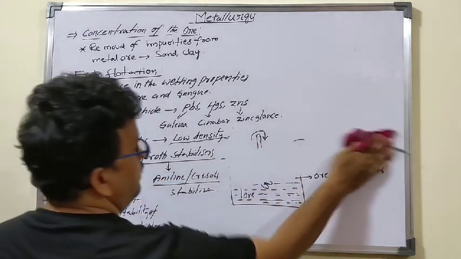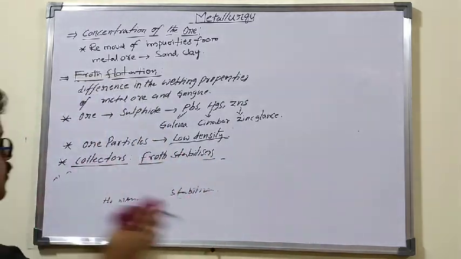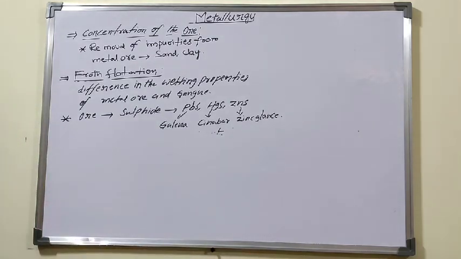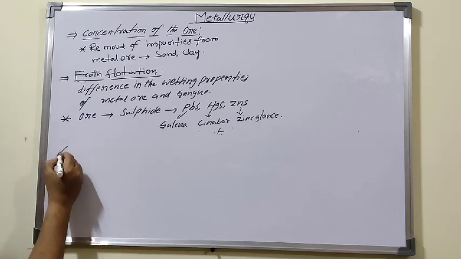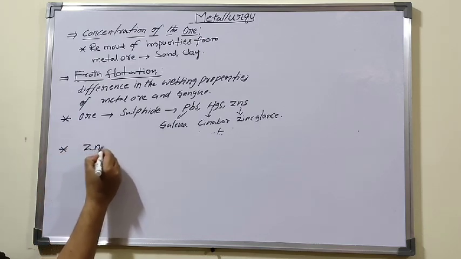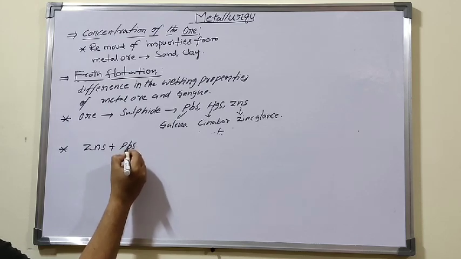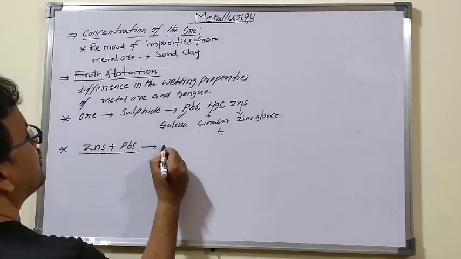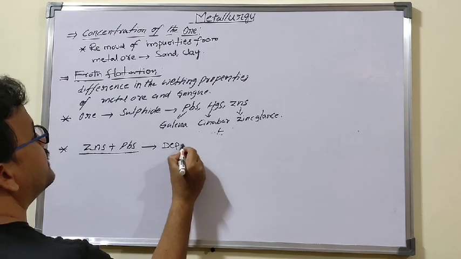But when an ore consists of two types of sulfides, for example zinc sulfide and lead sulfide, when two sulfide ores are mixed in a particular ore, then this separation will be done by adding some chemical substances, which we call depressants.